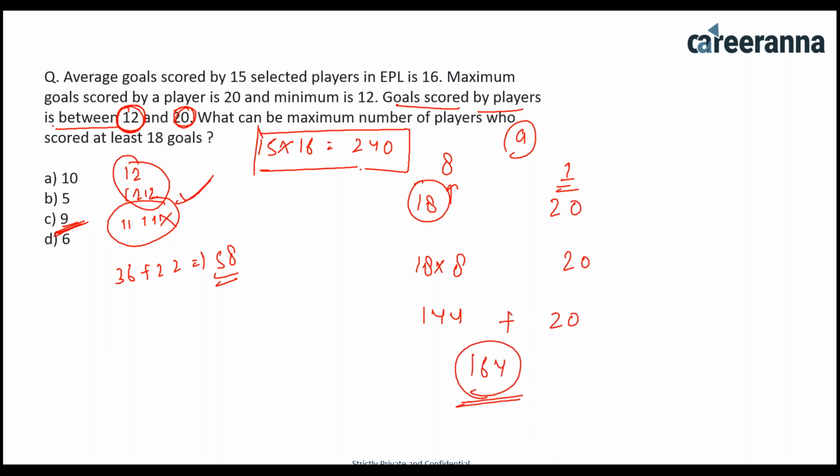Is it clear to everyone? 164 goals are scored by these 9 players. Now, there are 6 players available, and goals available are, can you please tell me the difference?